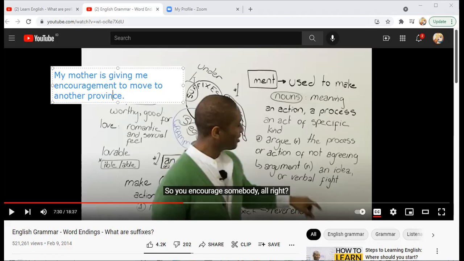For example, to move to another province. It's not an easy thing, right? It needs a process. So there's going to be several encouragement going to be administered. Jadinya kan pasti akan ada beberapa dorongan-dorongan yang harus dilakukan.